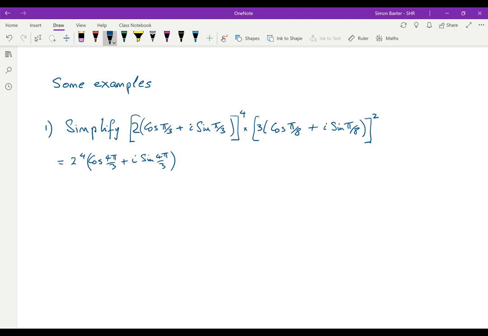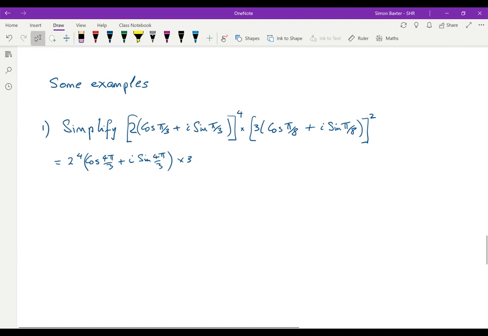So that's the first bracket. The second bracket is squared, so that's times 3 squared, and then I'm multiplying the angle by 2. Cos 2 pi by 8 is pi by 4, plus i sine pi by 4.